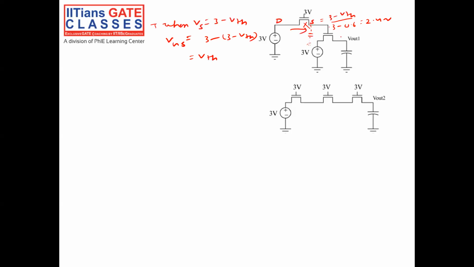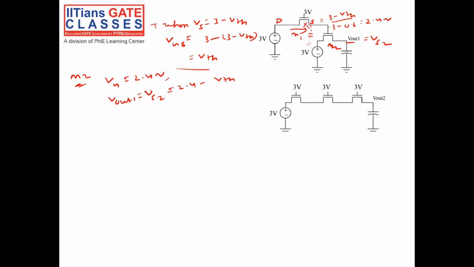Now you see this transistor. Suppose this is M1, this is M2. For M2, Vg is equal to 2.4 volt, so it will be on. My Vout1, which is nothing but Vs2, will reach 2.4 minus Vth.